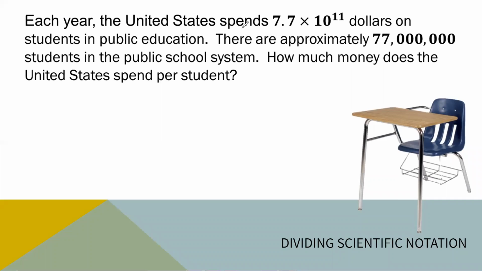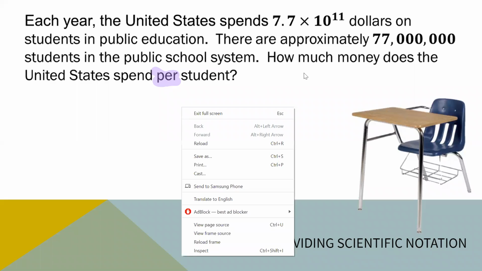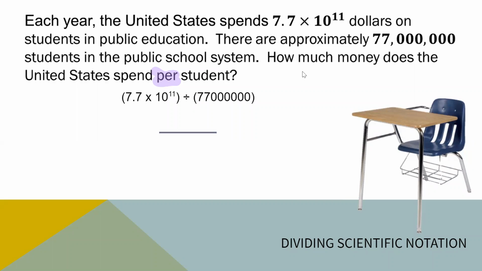So since I see that word per written there, I know that this is going to be a division problem. So what I'm going to be doing is writing these two numbers next to each other with division in the middle. So dollars per student, which is why my dollars number went first and my student number went second.